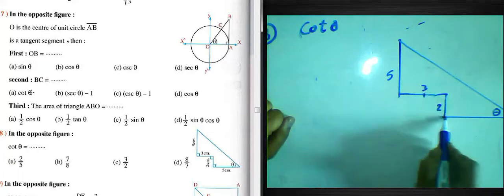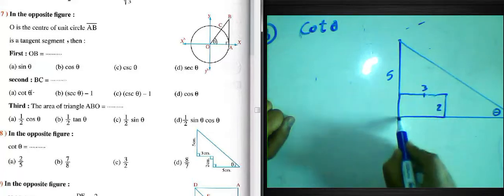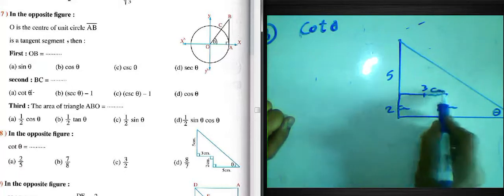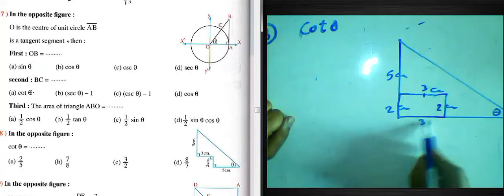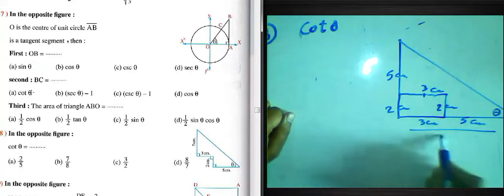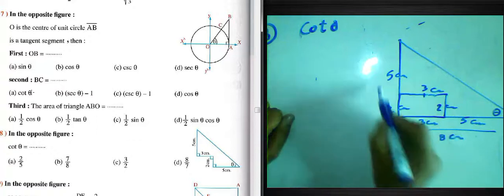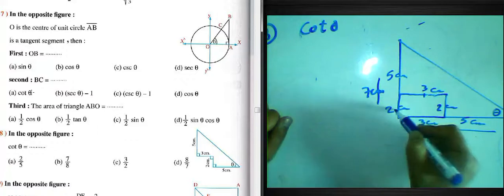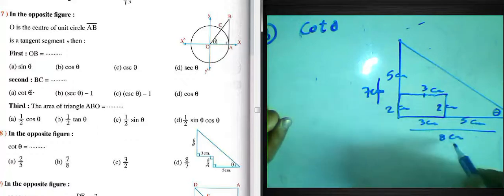So we will complete it. It will be 2 centimeter, and this will be 3 centimeter, and this 5 centimeter. So the length will be 8 centimeter, and this length will be 7 centimeter. 5 plus 2 equals 7. 5 plus 3 equals 8.